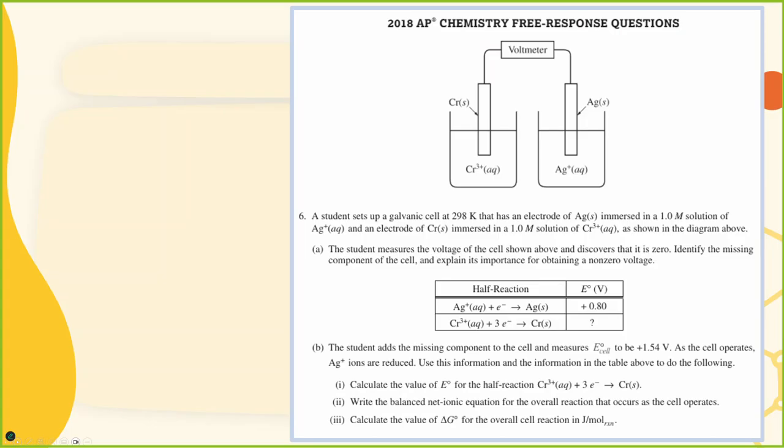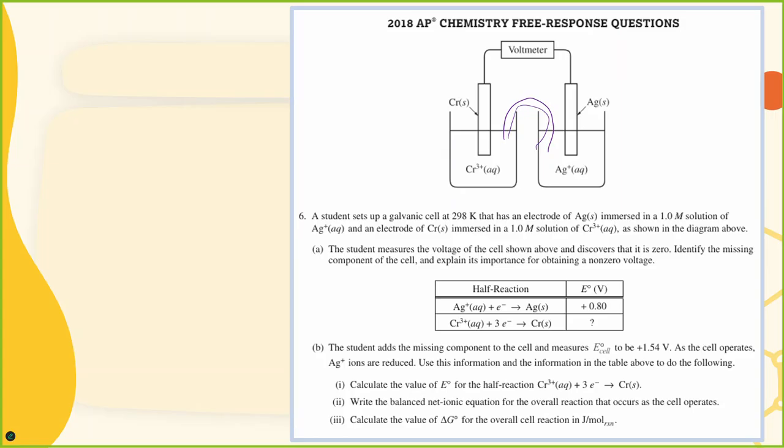Well, hopefully you saw here that we're missing the salt bridge between them. So you would identify the salt bridge and explain that it contains a gel-like substance of dissolved ionic compounds that won't mess with the reaction. They're inert, but they maintain the neutrality of the solutions to keep the electrons flowing from anode to cathode.